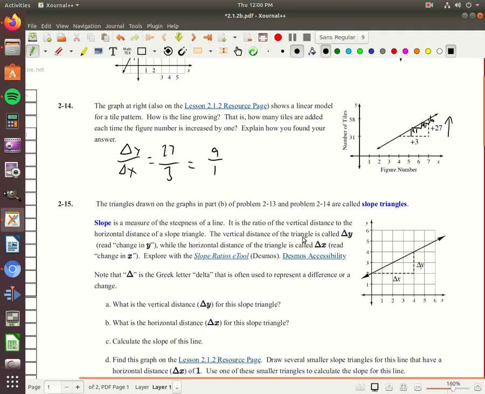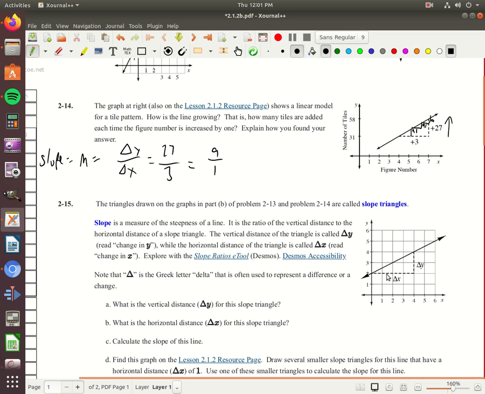So the vertical distance of a triangle is called change in y, or delta y, while the horizontal distance is called delta x, or change in x. So when we look at this, this is our slope. Slope is either the m or the change in y over the change in x.